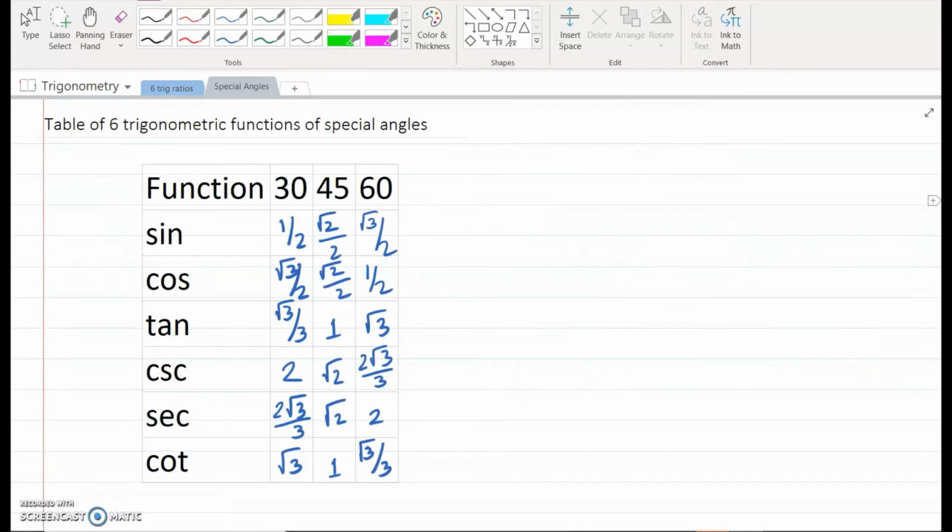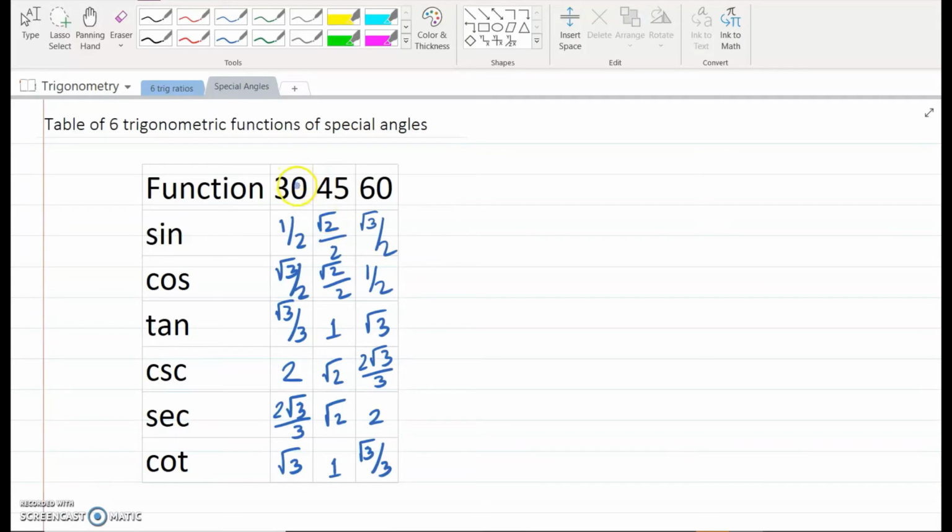So this wraps up the table. So we have here a table of 6 trigonometric functions of special angles. So you have 30, 45, and 60. So you have sine, cosine, tangent, up to cotangent. The values for each angle are easy to memorize as long as you know the sides you are looking for.